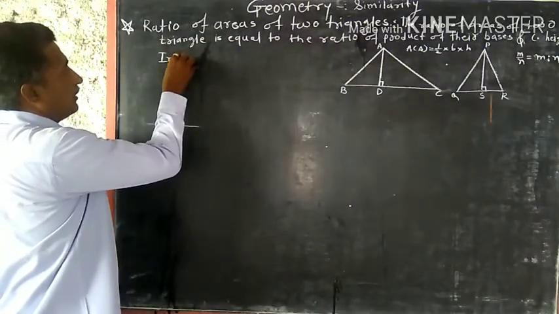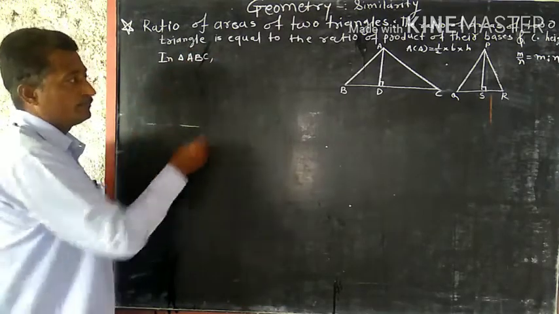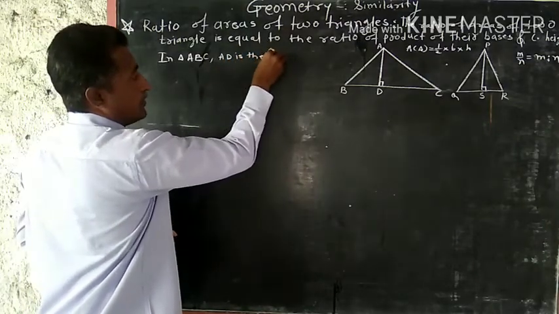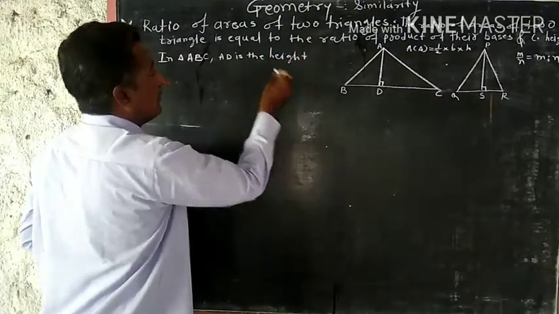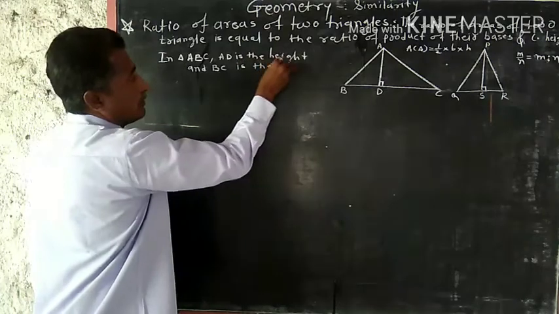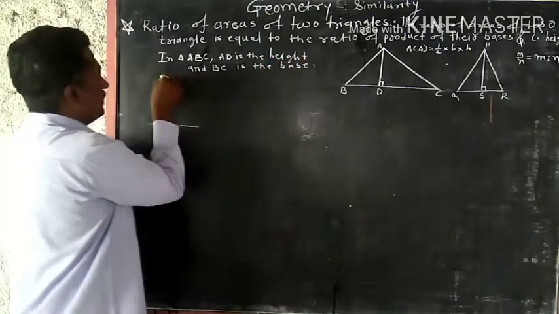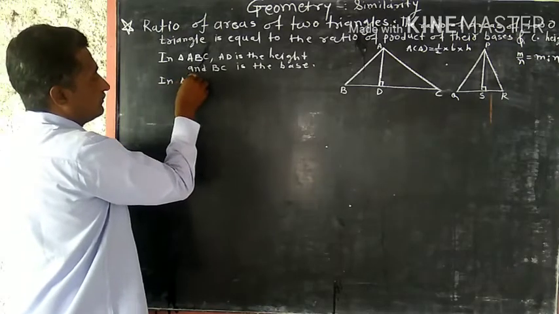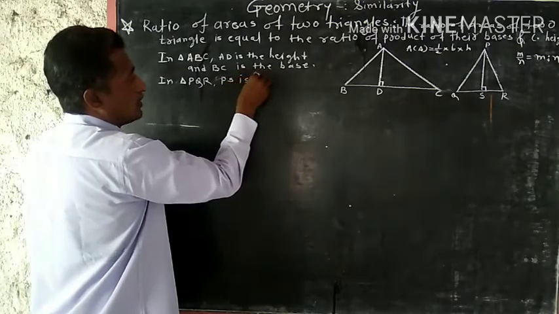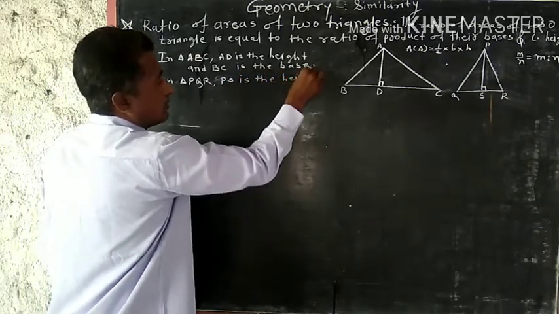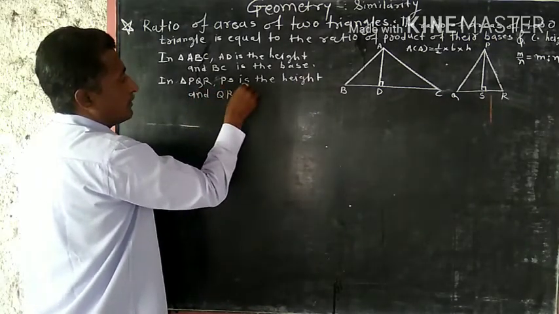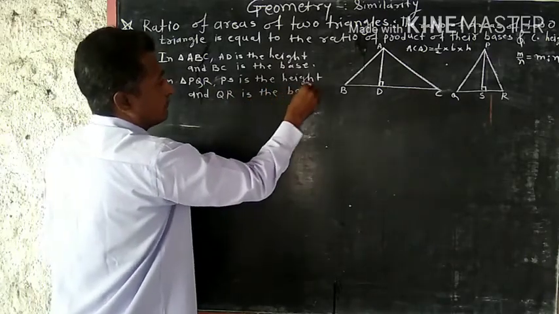In triangle ABC, AD is the height and BC is the base. In triangle PQR, PS is the height and QR is the base.